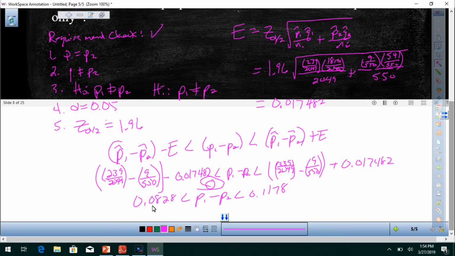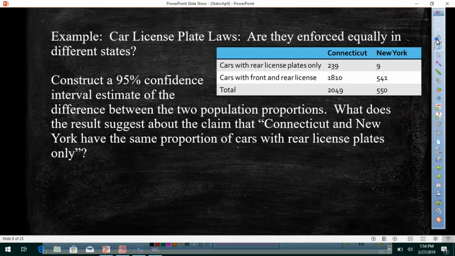Now, if you notice, this is positive and this is positive, which shows that Connecticut has more rear license plate only vehicles, which suggests that they don't enforce it as strictly as in New York.